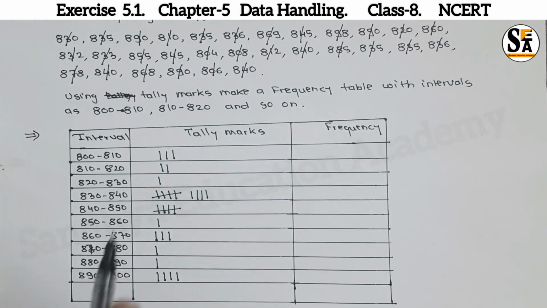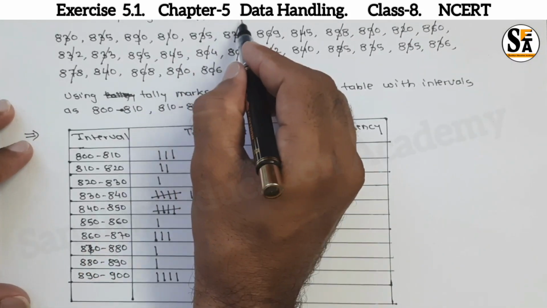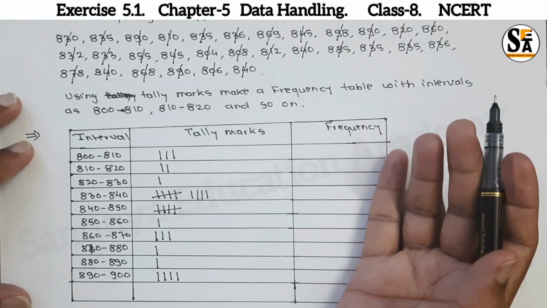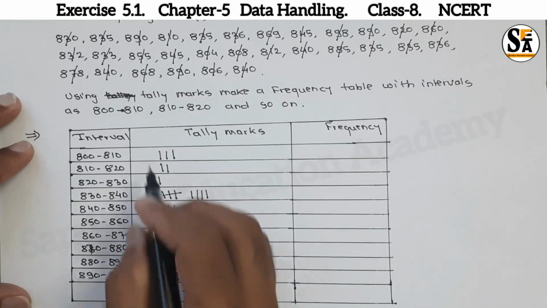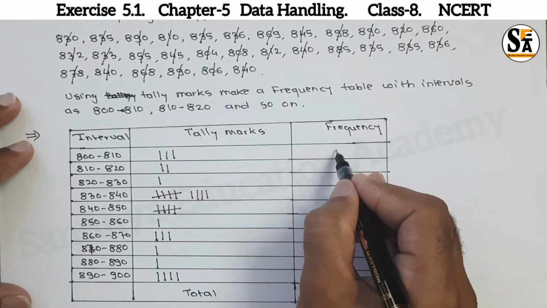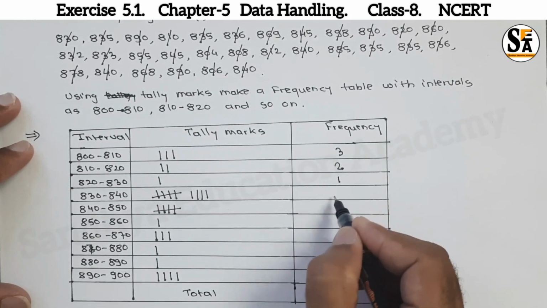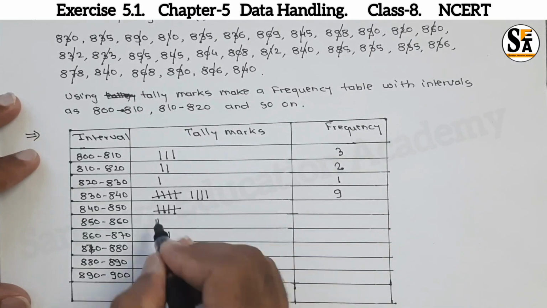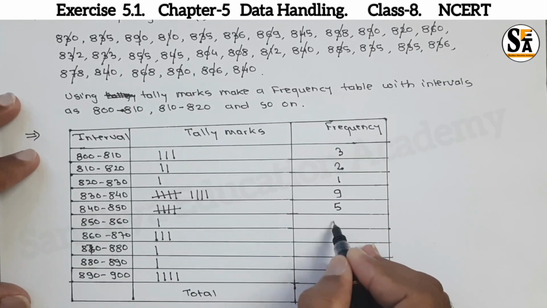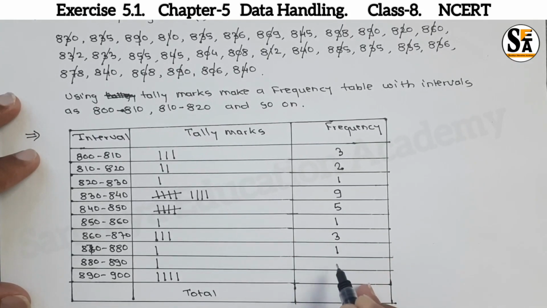Got it? We have made all the tally marks. Now see, there are a total of 30 workers, which means if we count the frequency we must get a total of 30 entries. So there are 3 entries for the first class interval, 2 entries for the next one, then 5 plus 4 means 9 entries, then 5 entries, then 1 entry, then 3 entries, then 1 entry again, 1 entry, and the last 4.